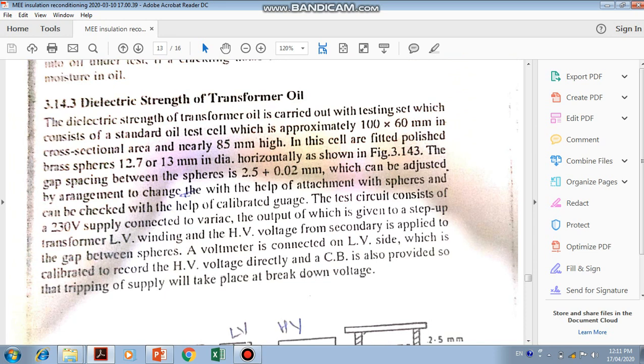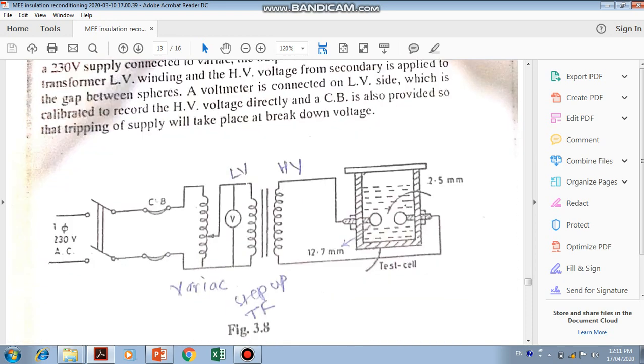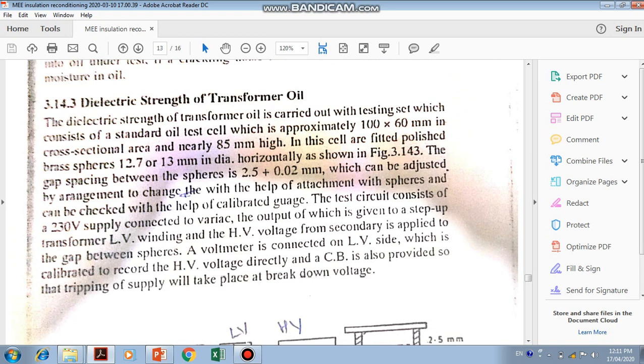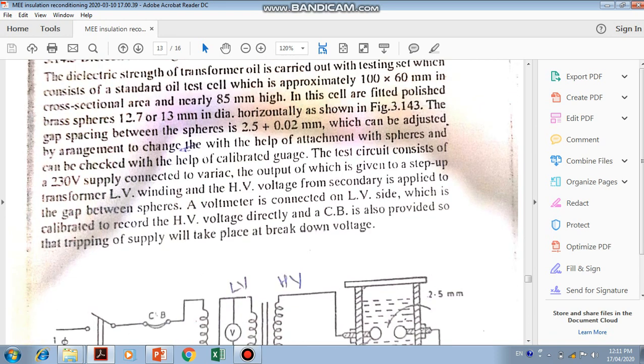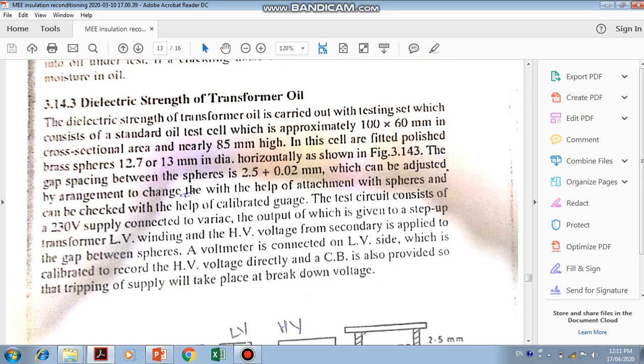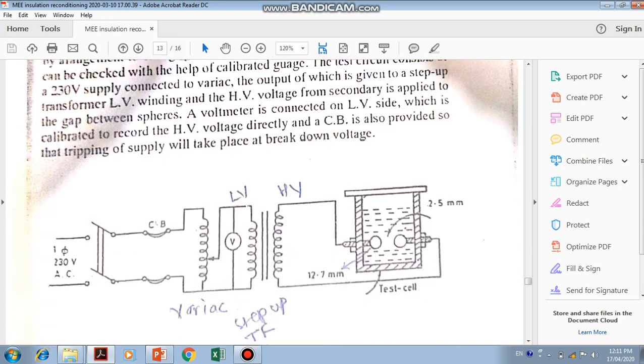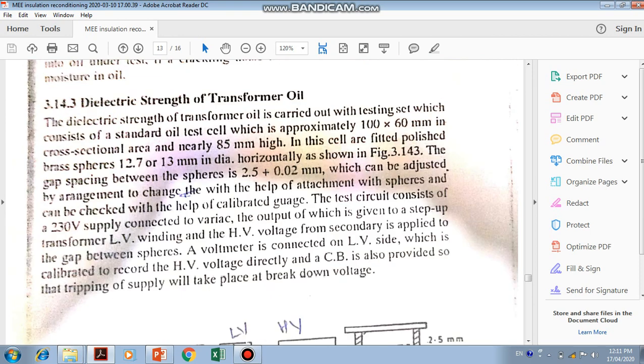This dielectric test of the transformer is carried out with the testing set, which consists of the standard oil test cell. This standard oil test cell has a cross sectional area of approximately 100 by 60 millimeter, and its height is about 85 millimeter.